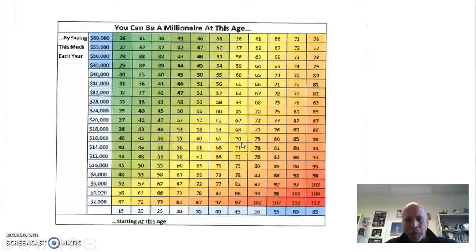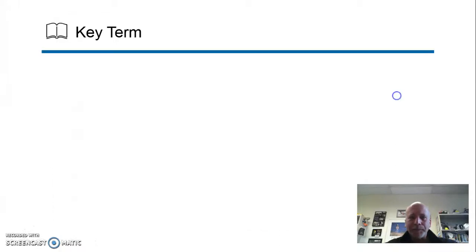If you start when you're 45 and you want that roughly $1 million when you get retired, now you have to save $20,000 a year. And so again, this idea of compound interest, if you start even a little bit when you're young, it will grow over that 20, 30, 40 years pretty substantially.